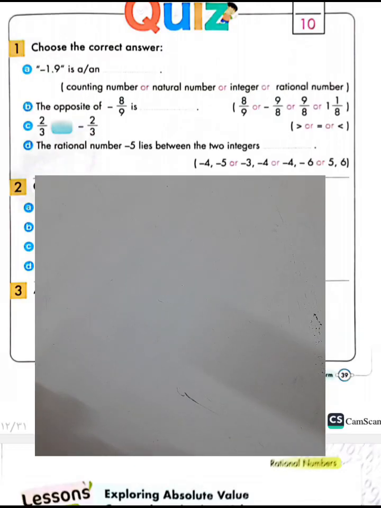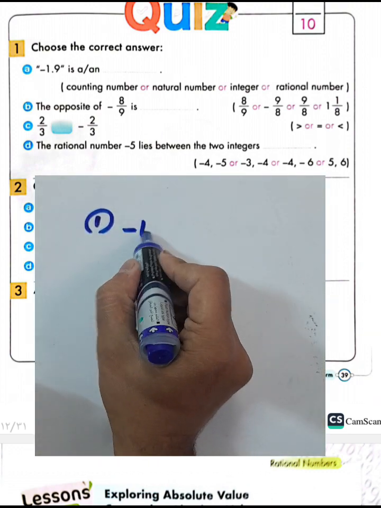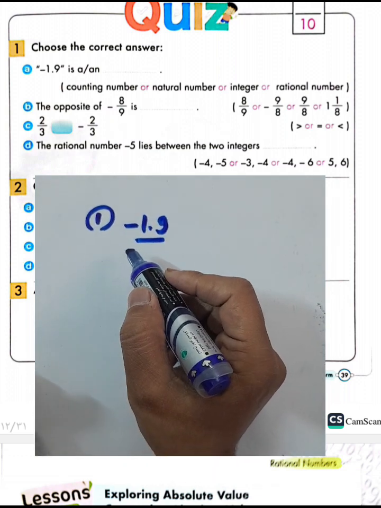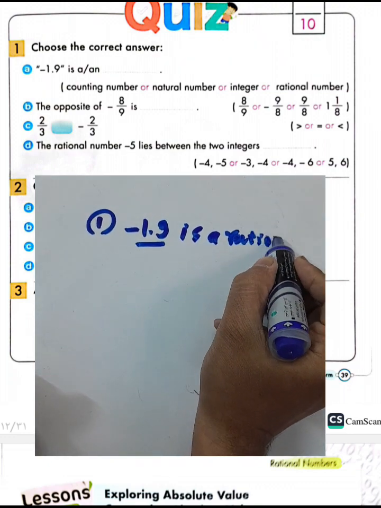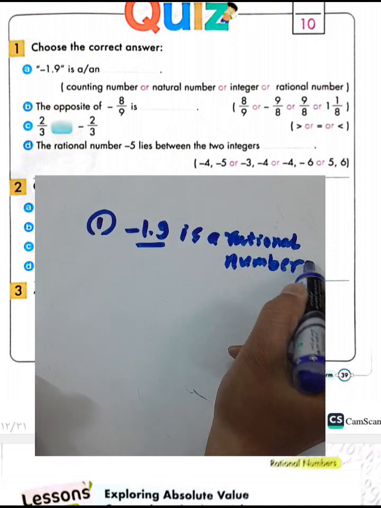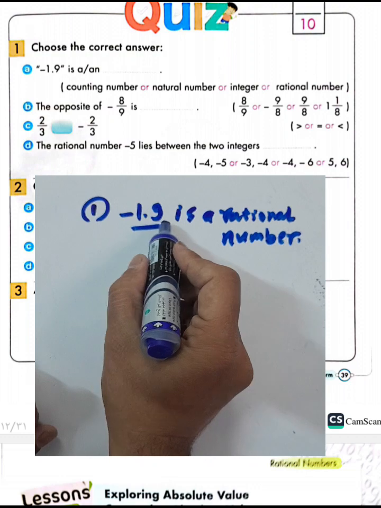Page 39, question number 1. Negative 1.5 is a rational number. We call it a rational number because we can convert negative 1.5 to a fraction.